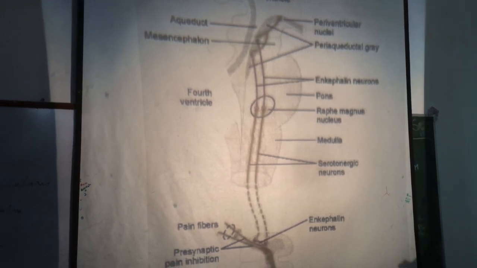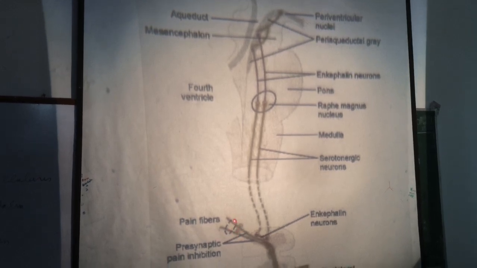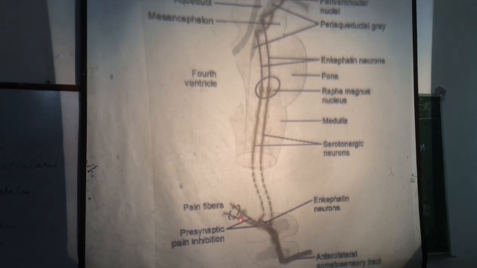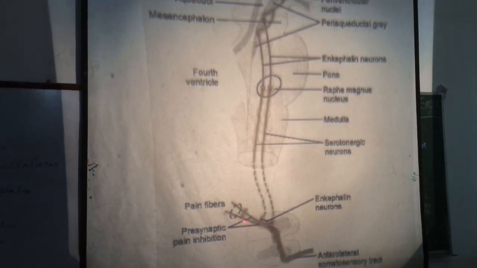Now in the analgesia system, the last component is the pain inhibitory complex in the dorsal horn of the spinal cord.